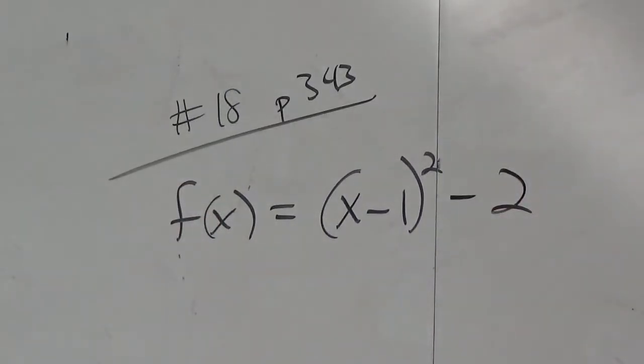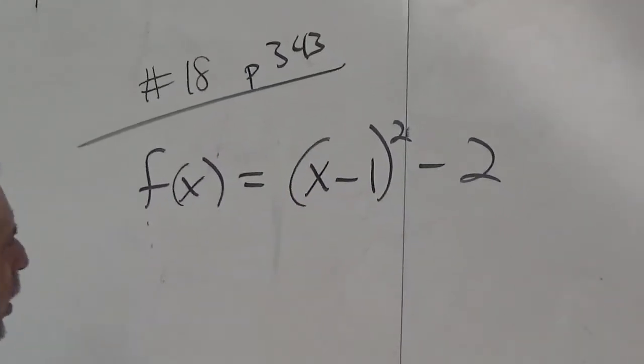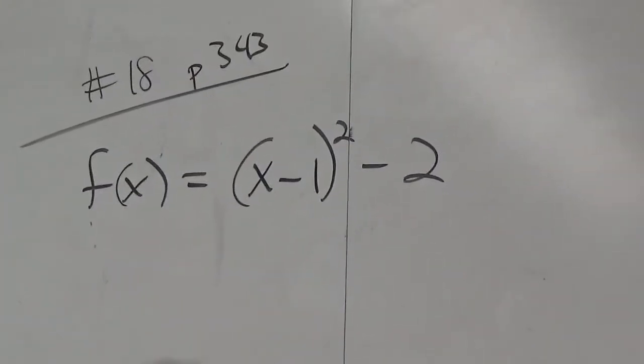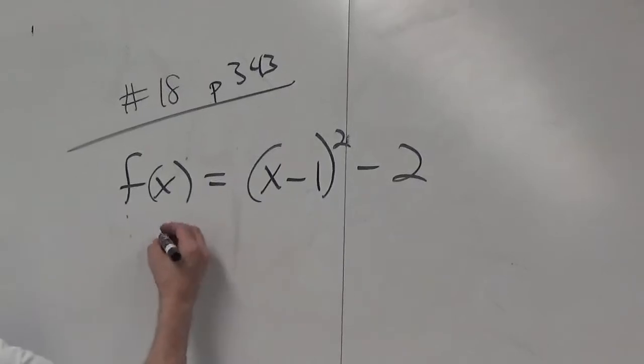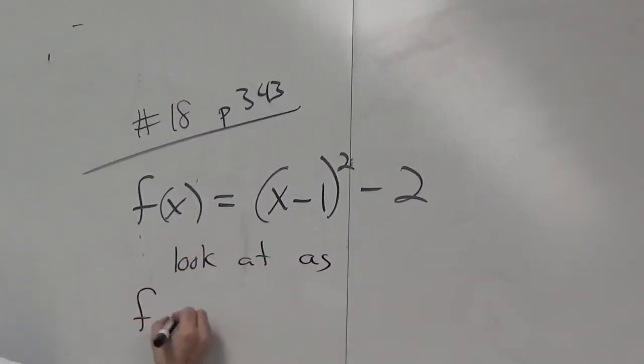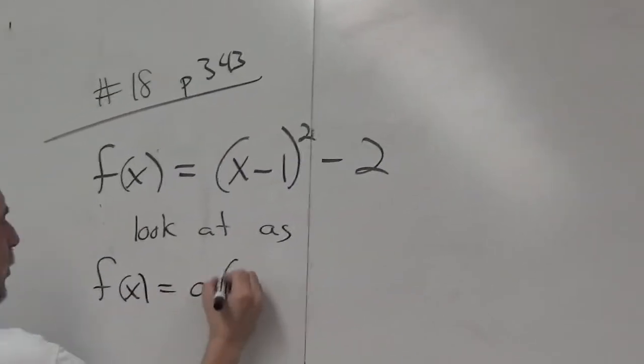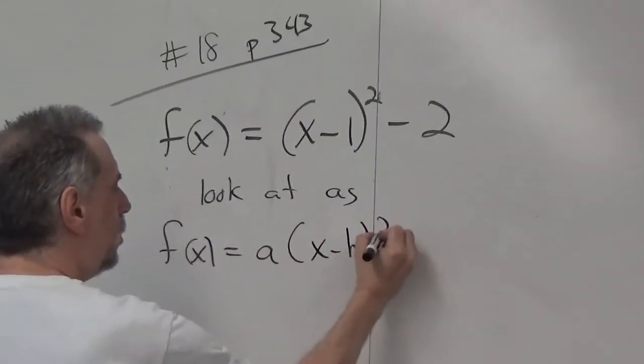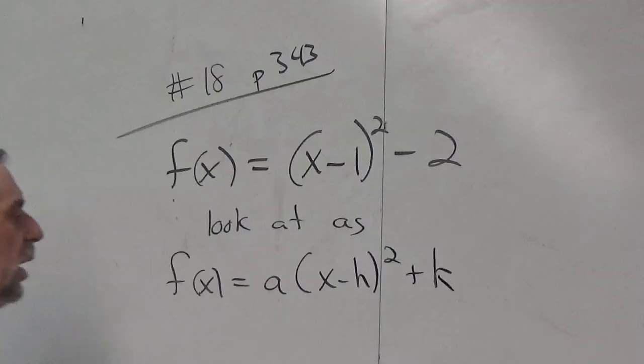All right, so that is in standard form. Notice the a value is 1, right? We don't see the 1 out in front, but we know it's a 1. So the a value is 1. Look at what we just said was the standard form and pull out the vertex.